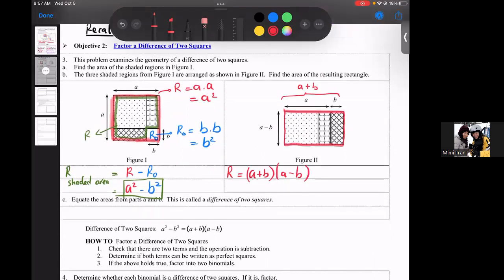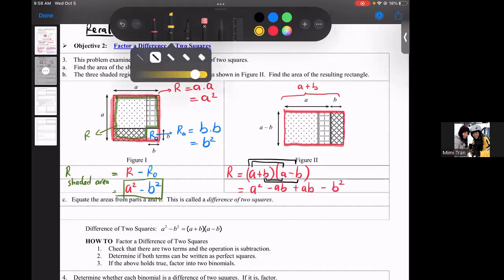If I was you, I'd FOIL it and see what happened. You kind of know what happened already because you took the exam on this. The a squared, a times minus b is minus ab. b times a is the same thing as a times b, so plus ab. And then b times minus b is minus b squared. What happened to the middle term? They canceled out because they're opposites, right?